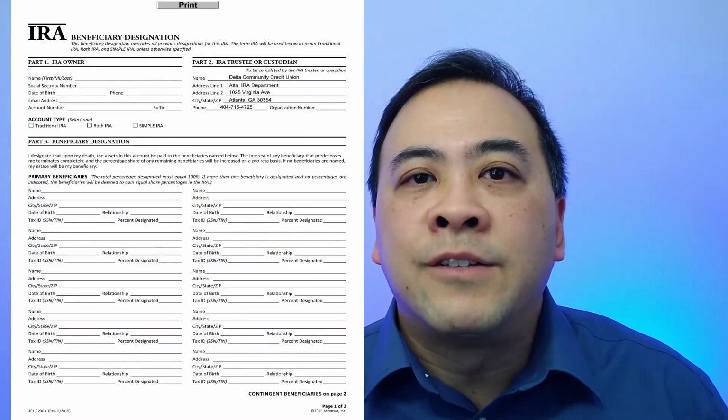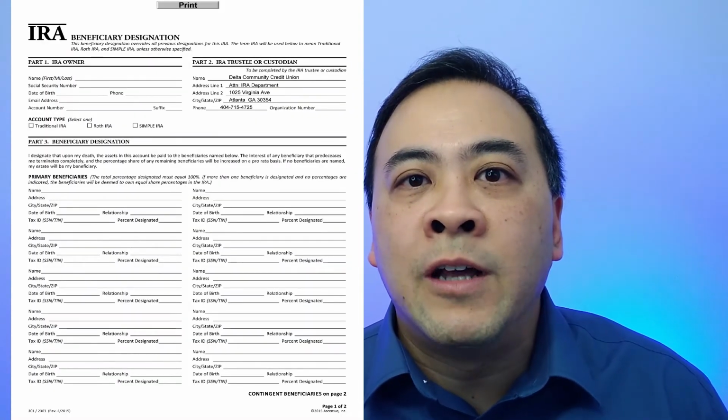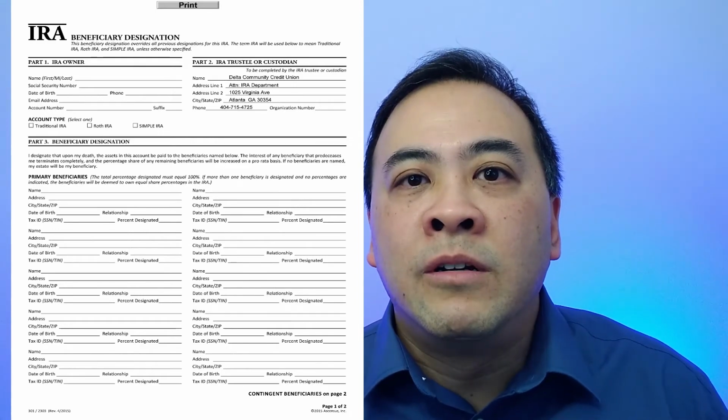Most of the POD forms basically ask very similar information. They ask for a beneficiary's legal name, social security number, phone number, birth date. Again, it varies from institution to institution as to the specific information that they ask, but they are quite similar.